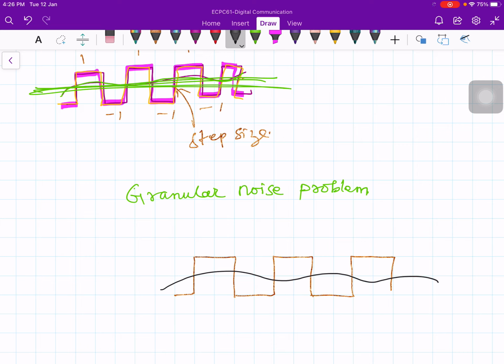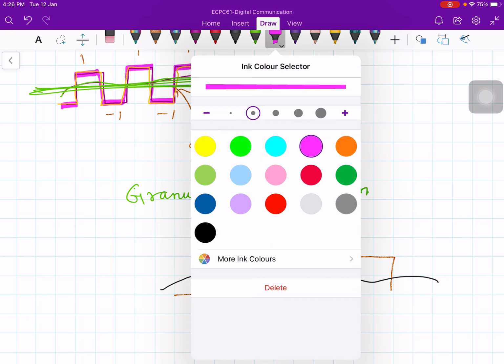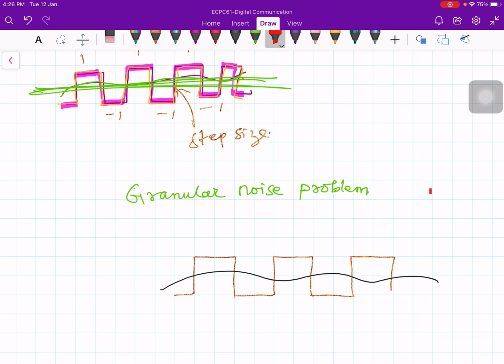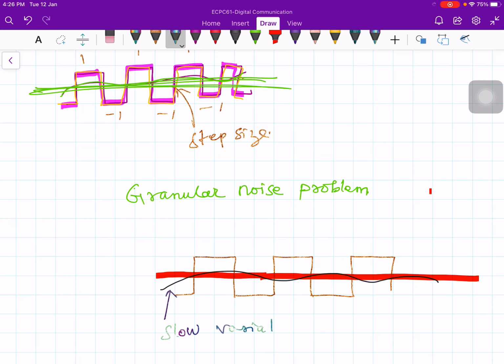Then after the low pass filter, you'll get a constant line, a straight line. So the slow variations will be killed due to the large step size. And this becomes more serious if your step size is large.